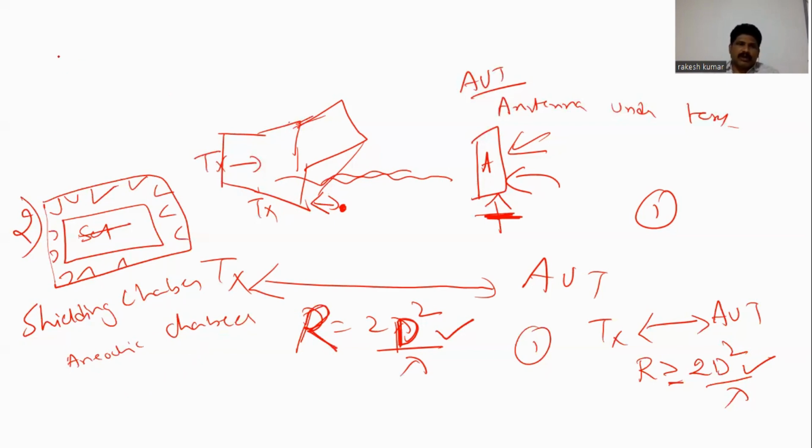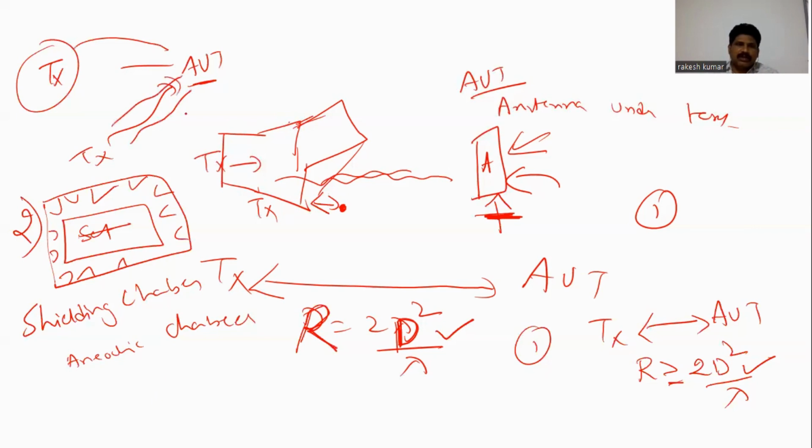For example, if we are testing one antenna here, this is my transmitting antenna and this is my antenna under test. If it is not kept in a closed anechoic chamber, it may receive other signals, not only from the transmitting antenna, but also from other surrounding antennas nearby.